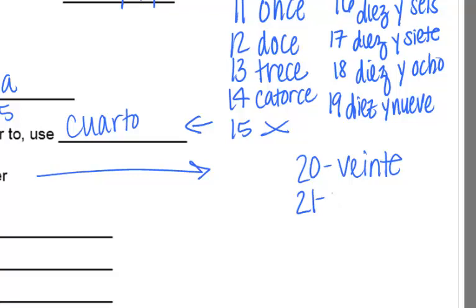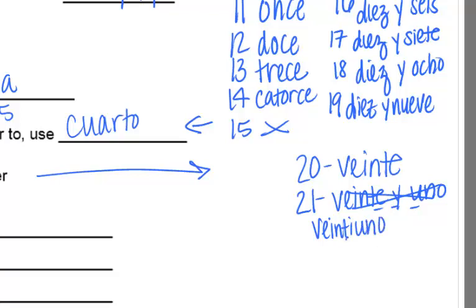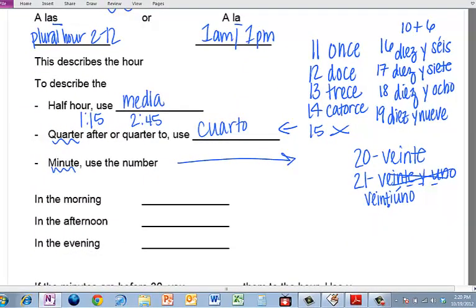20 and 1. You would think it would be veinte y uno, but that's too many vowel sounds right next to each other. So what they do is they slur it all together. Veintiuno. So the I comes from the Y, and then you add uno on there. There's also an accent to stress it. 22, veintidós.